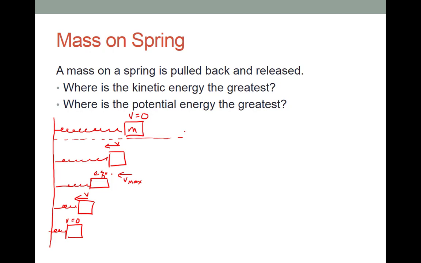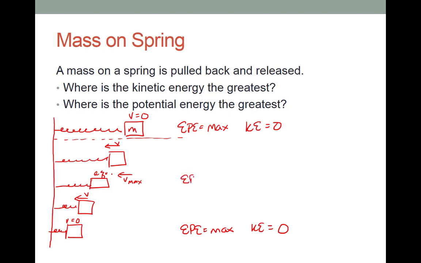So where is the potential energy the greatest? Potential energy is going to be the greatest wherever the kinetic energy is the least, which is at either endpoint because it's not moving. Where is kinetic energy the greatest? Kinetic energy is the greatest where the elastic potential energy is the least, which is by definition equilibrium.